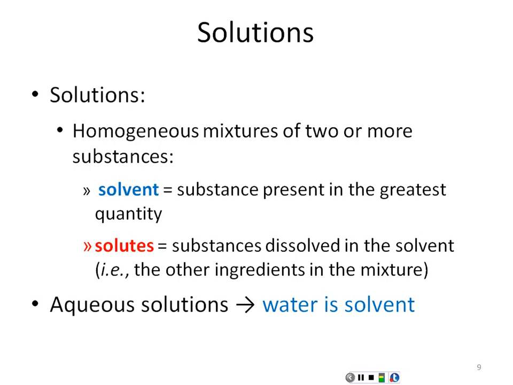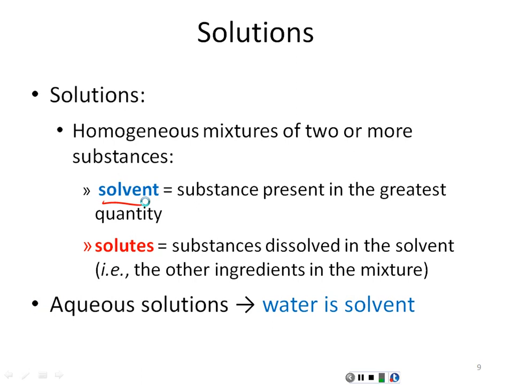Let's talk about solutions. What are solutions? They're homogeneous mixtures of two or more substances. The important definitions when we talk about solutions are solvent, and that's the substance that's present in the greatest quantity.